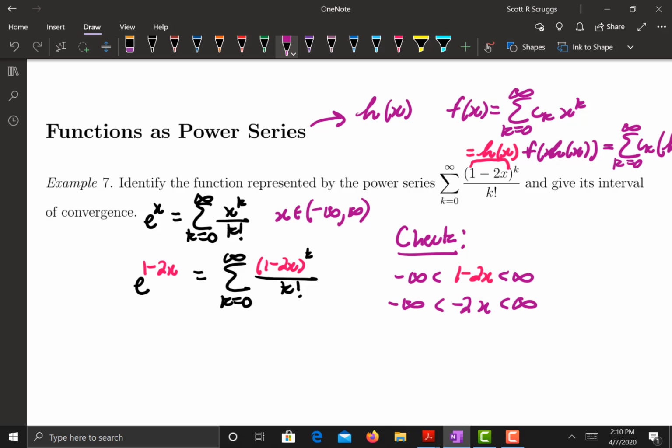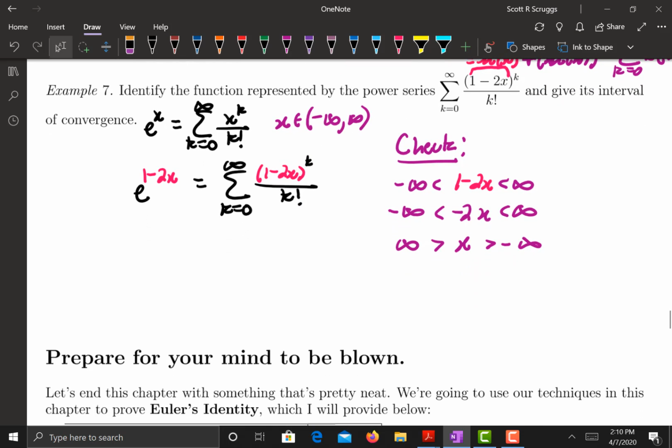And if I divide everything by negative 2, I'll change the order of the inequality, but negative infinity times a negative number will just give me positive infinity. So I still have that the interval of convergence is negative infinity to positive infinity.